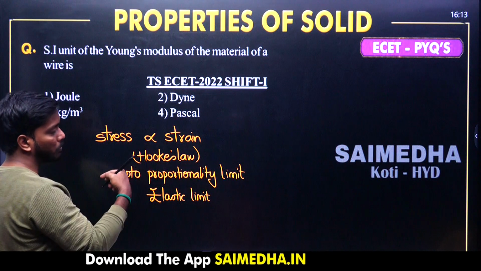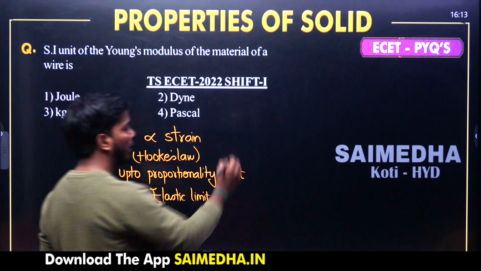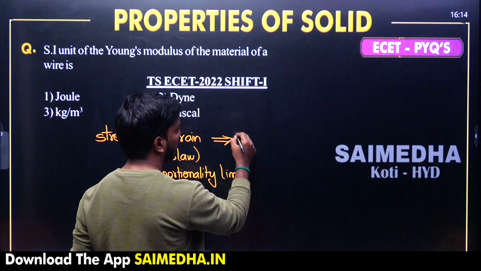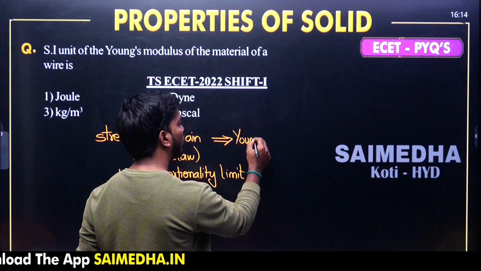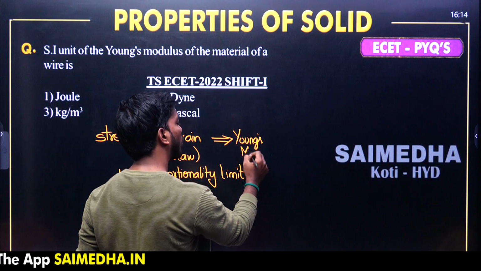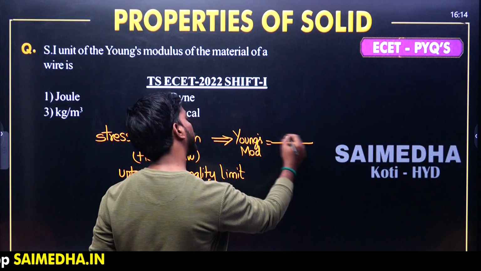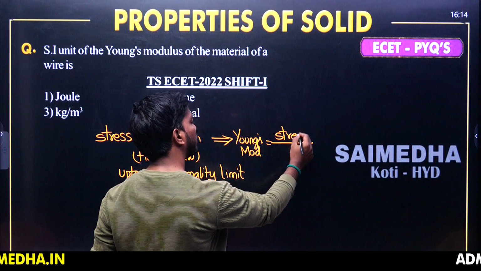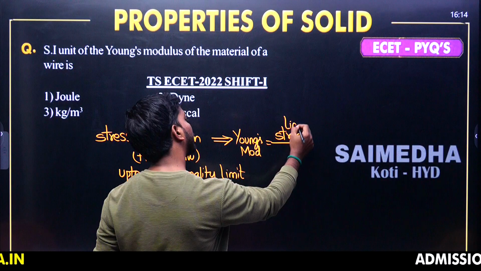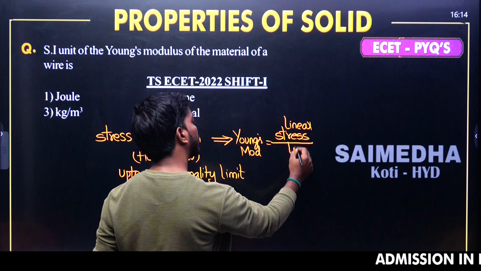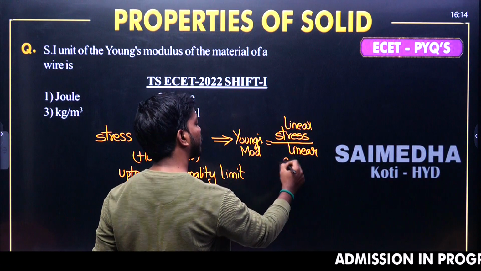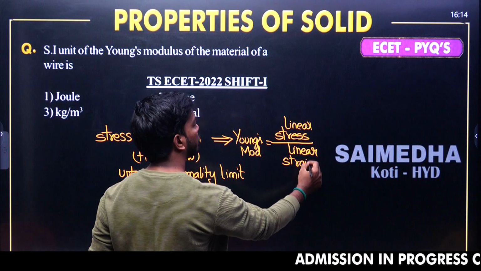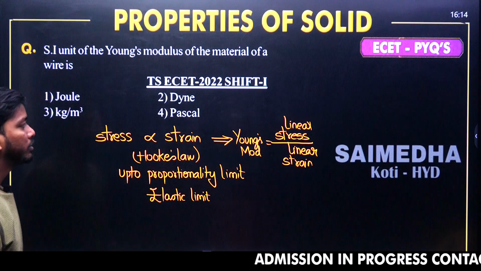If you take out this proportionality sign, you need to put a constant. And what is that constant called as? Young's modulus. That is, Young's modulus is equal to, it is a constant value, stress divided by strain. Linear stress by linear strain it is. Stress by strain is called as Young's modulus.